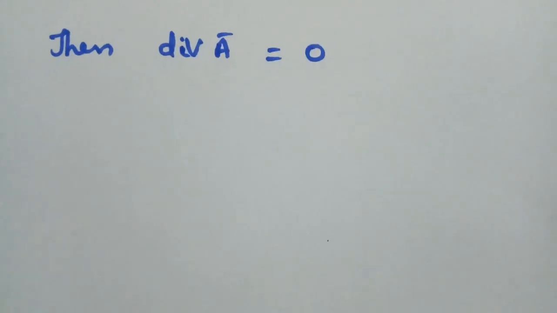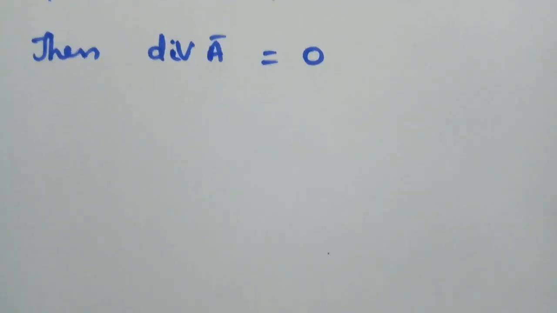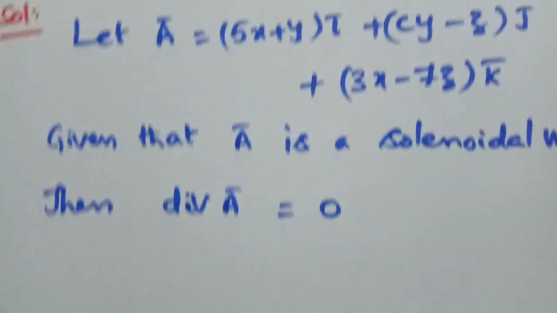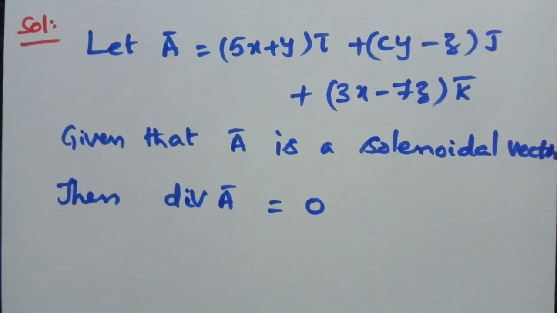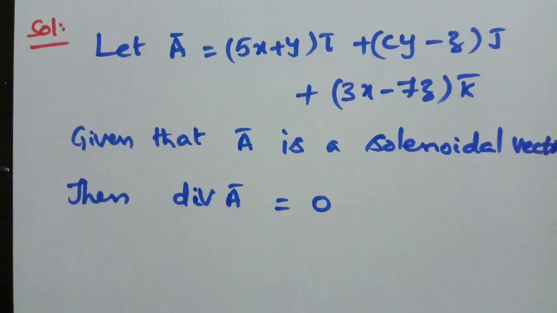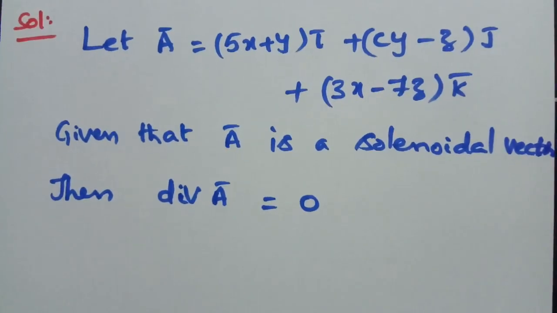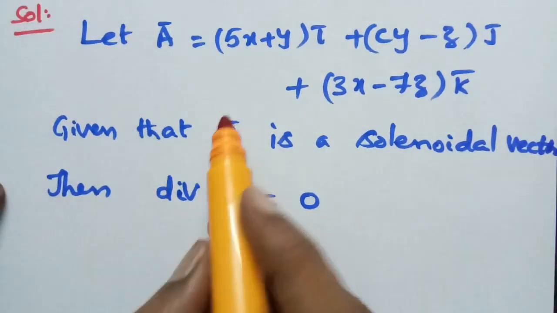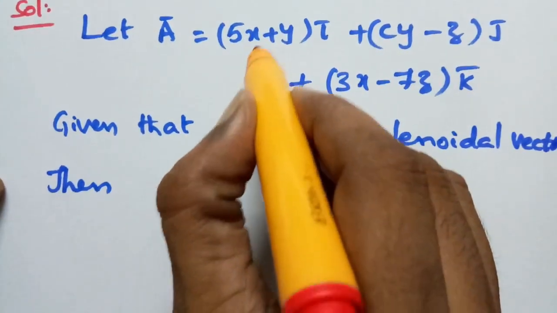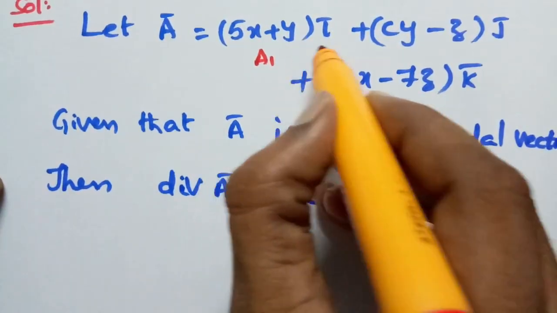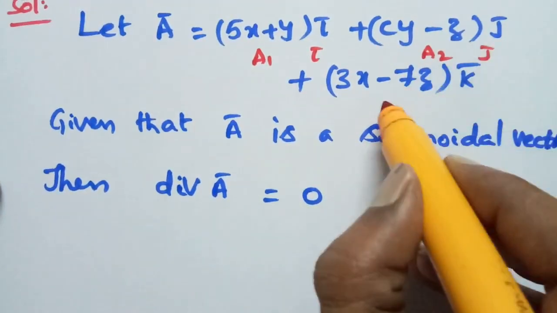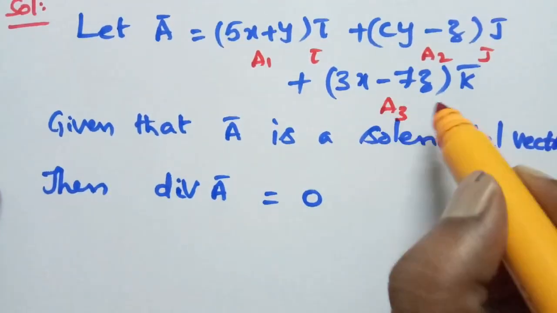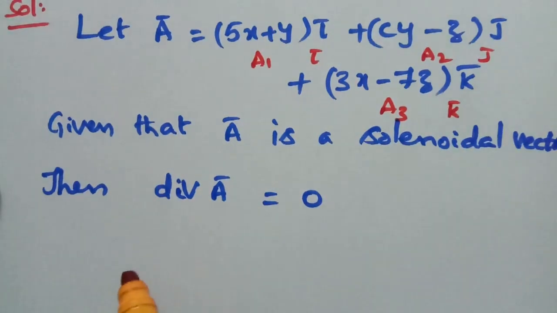So therefore a bar is equal to (5x plus y) i bar plus (cy minus z) j bar plus (3x minus 7z) k bar. So say this is a1 i bar, a2 j bar, a3 k bar.